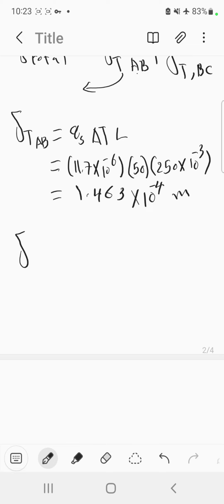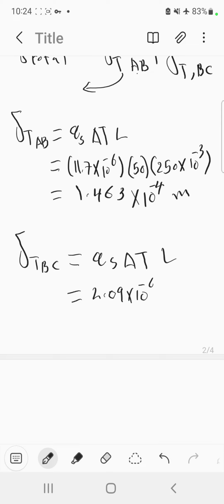And now we need to find delta thermal for BC. We know alpha delta T times L. We know alpha is 2.09 times 10 to the power minus 6, delta T is 50, and the length for that one is 300 times 10 to the power minus 3.